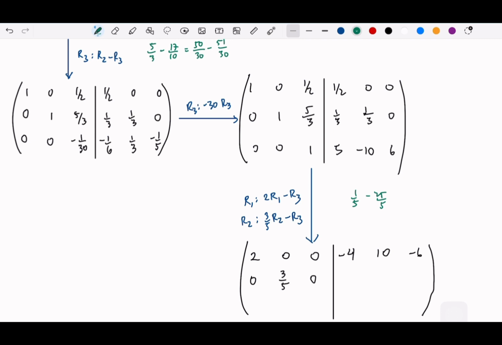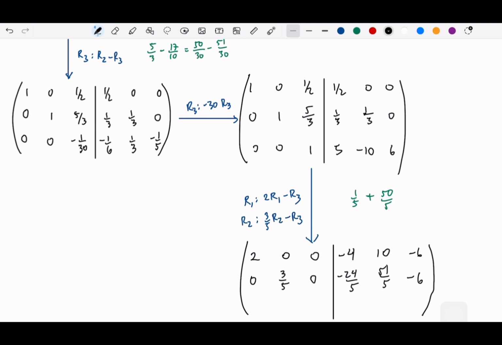So negative 24/5. And then plus 50/5, right? So 51/5. And then negative 6.